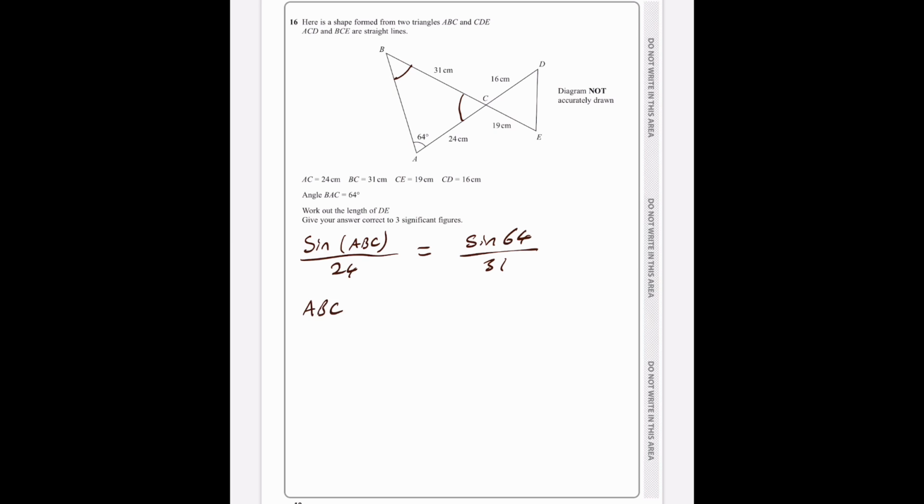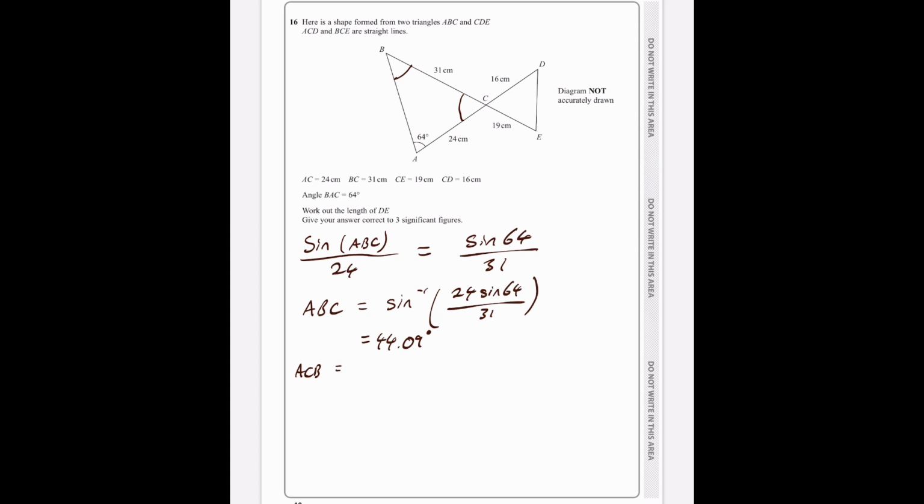If we multiply both sides by 24 and then carry out inverse sine of that fraction, we'll be able to calculate the angle ABC. This comes out as 44.09 degrees.